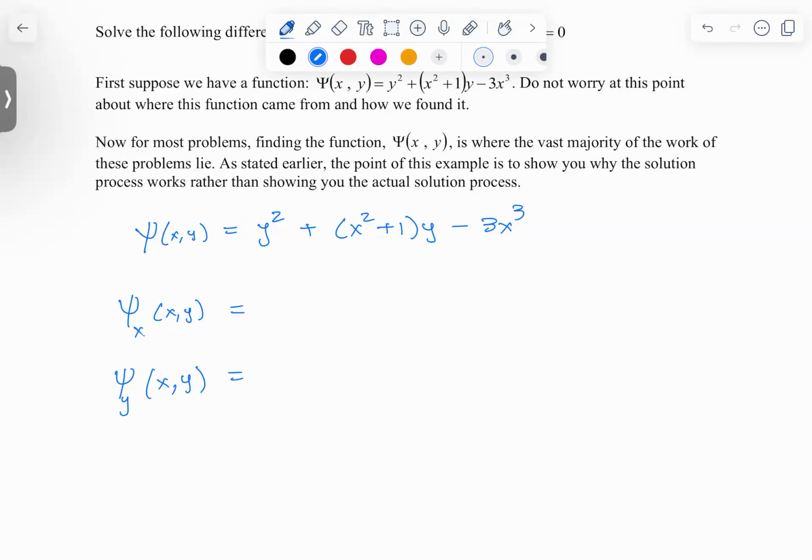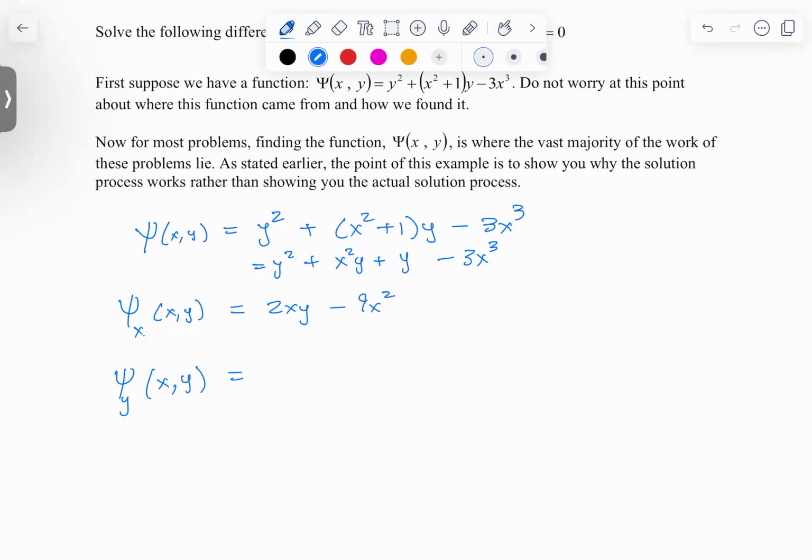It could be helpful sometimes to rainbow that out: x squared y plus y minus 3x cubed. So y squared goes away, that becomes 2xy. Then once again, the derivative of y is 0, and then negative 3x cubed gives negative 9x squared.